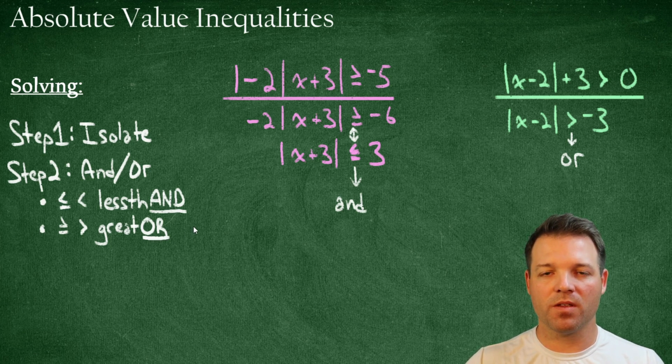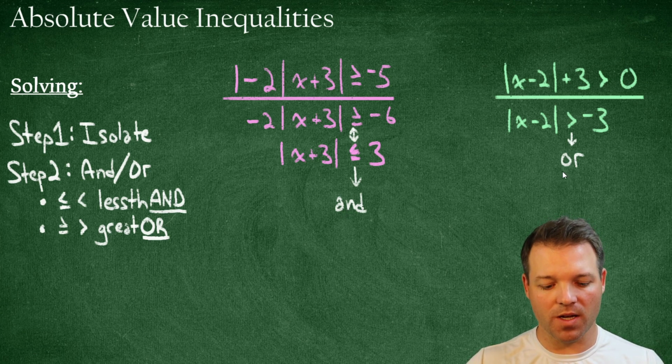Now, there are a lot of different logic skills that you could apply here, but I don't think we should get into that much depth for these types of problems, discussing logic and everything like that. So for now, I think we can just simply use this little saying here, less-than, great-or. And we'll talk about what it means to be an and or an or in a second.